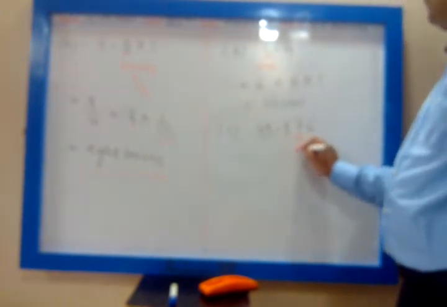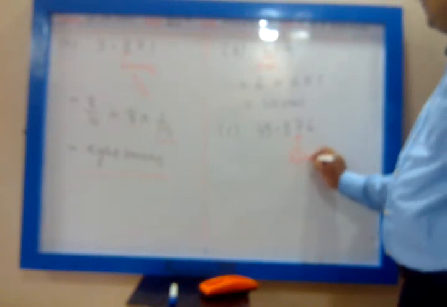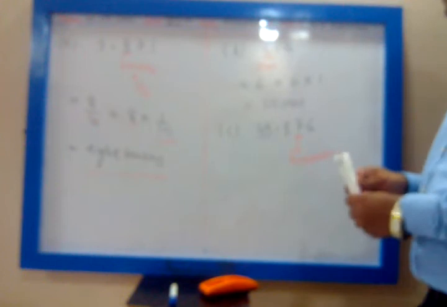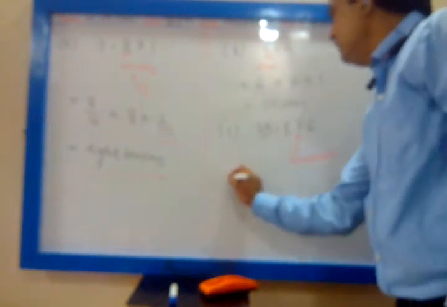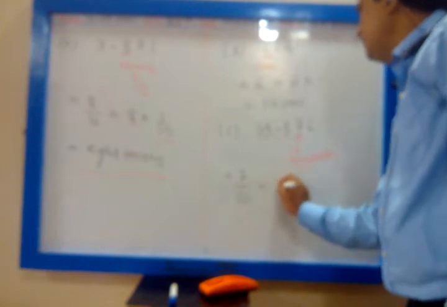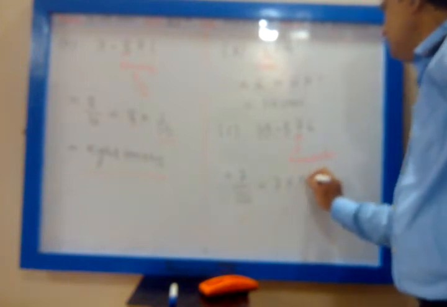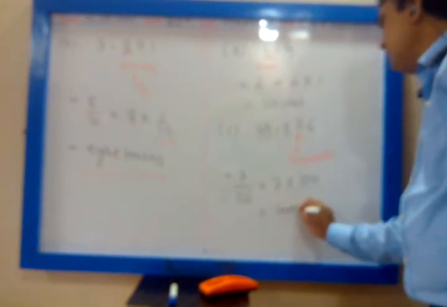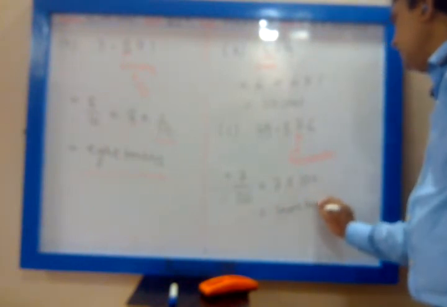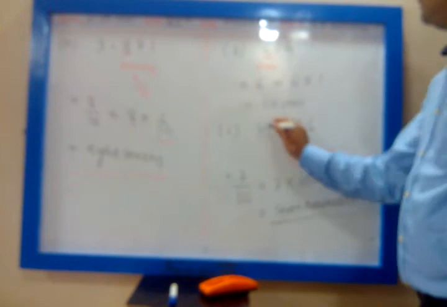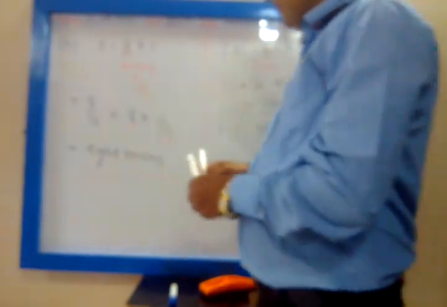Hundredths. So this 7 I can write as 7 upon 100, which is the same as 7 into 1 upon 100. So I can read this as 7 hundredths.